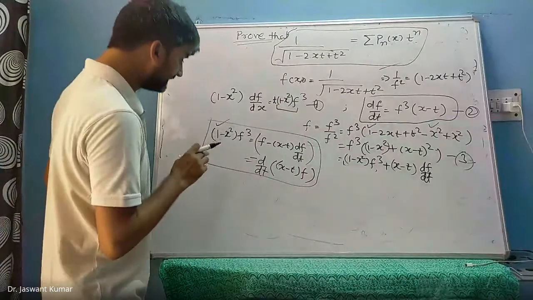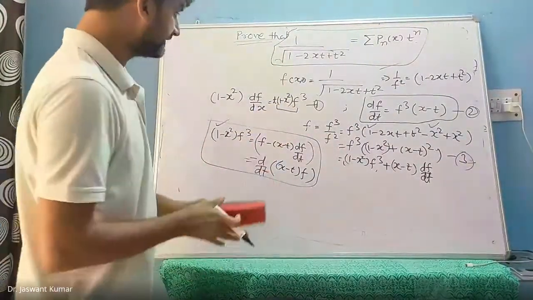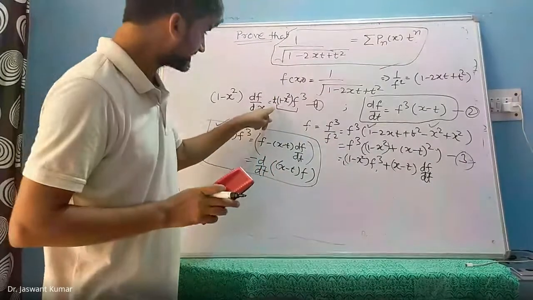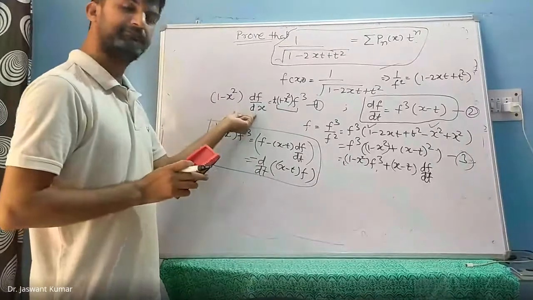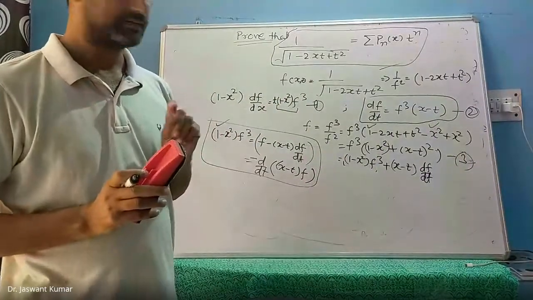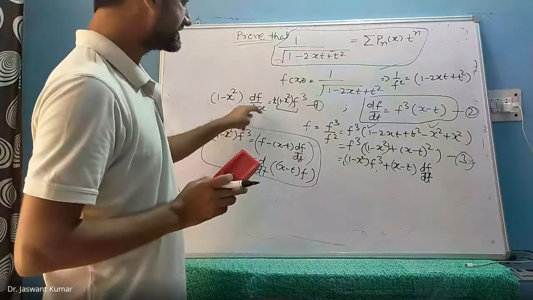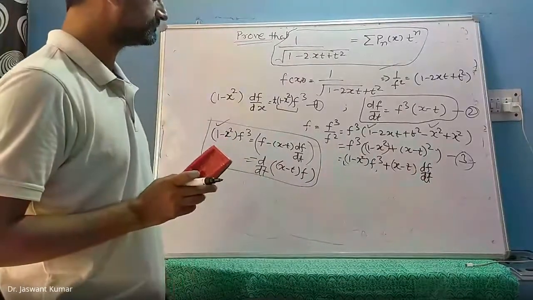Okay, and then what we find is that this whole thing, the reason we are doing it is that then this thing will be converted into a t d by dt. So one side will be df by dx, another side will be df by dt. We want to compare this df by dx by df by dt term.